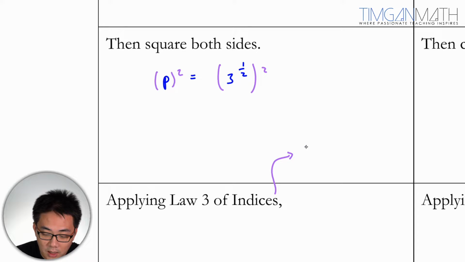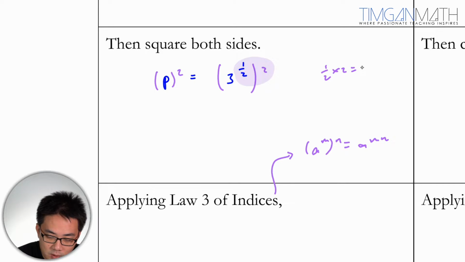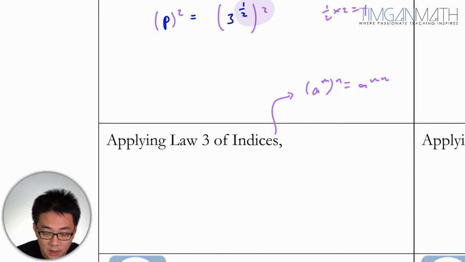So in this case, P squared, which is the one that we already learned, a to the power m to the power n equals a to the power m times n. So half, the reason being is because we know that half times 2 would just be 1, and we like it to be 1.